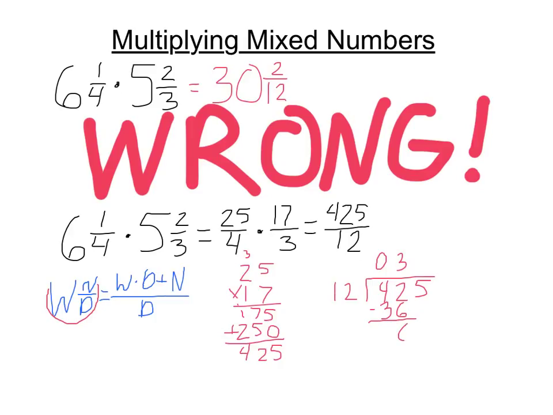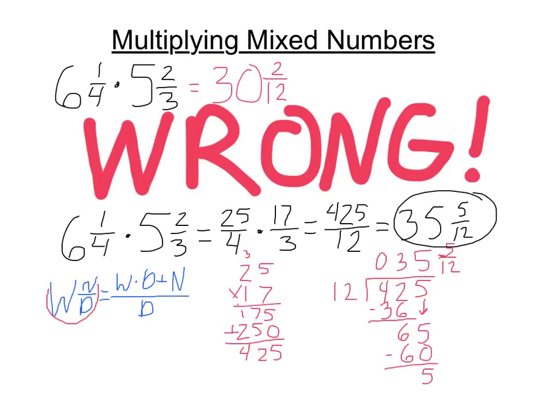So the difference must be 6. Bring down my 5. 12 goes into 60 5 times. 5 times 12 is 60. And we subtract and we have a 5 left over. Remember, your remainder becomes your numerator, and whatever was the denominator still is the denominator. So bring that up now to my work. My answer is 35 and 5/12.